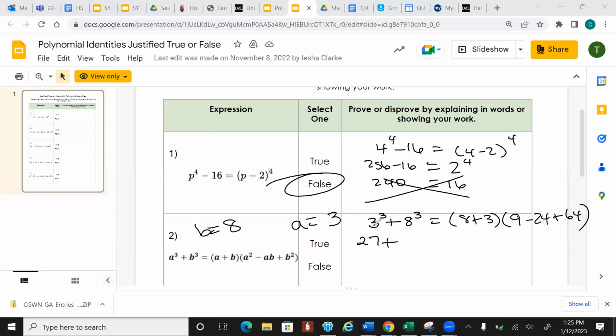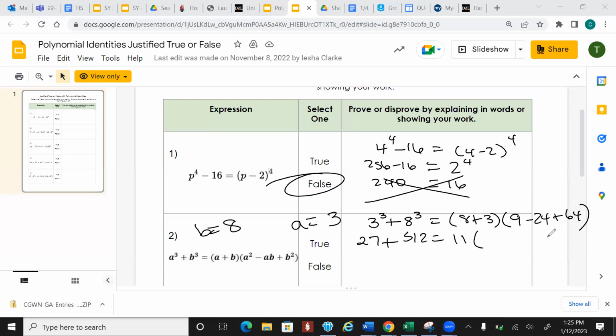27 is 3 cubed. 8 cubed is gonna give me what? 512. 8 plus 3 is going to give me 11. And 9 minus 24 is going to give me negative 15, right?